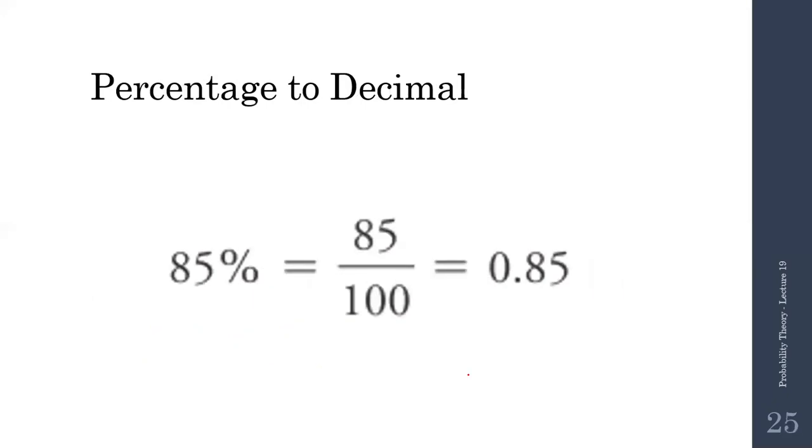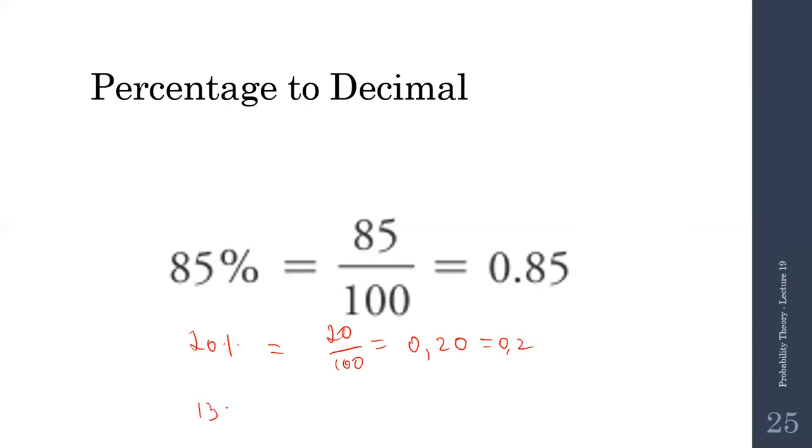Percentage to decimal. In order to convert a percentage into a decimal, just divide by 100. If you have 20%, this equals 20 over 100, which gives us 0.20 or 0.2.